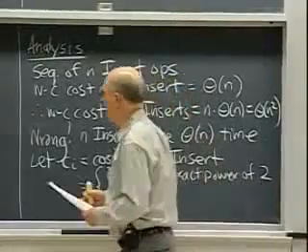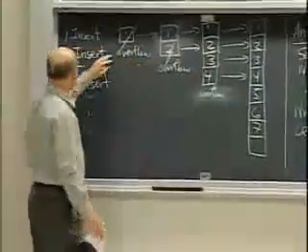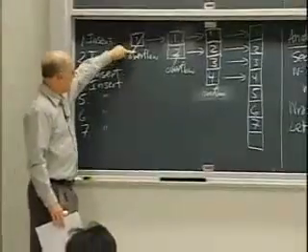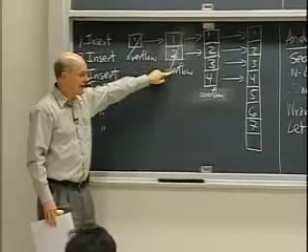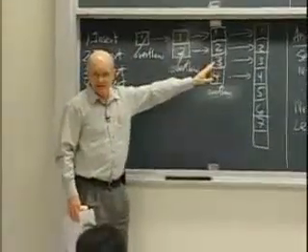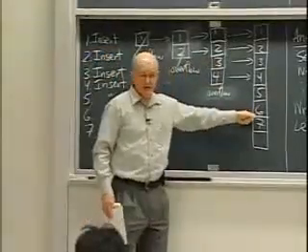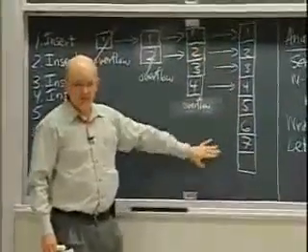As I was going through here, it was only when I inserted something where the previous one had been an exact power of 2, because that was my table size, that I got the overflow and had to do all that copying. Otherwise, the cost, for example, for inserting 6 was just 1. I just inserted it. Everybody see that?